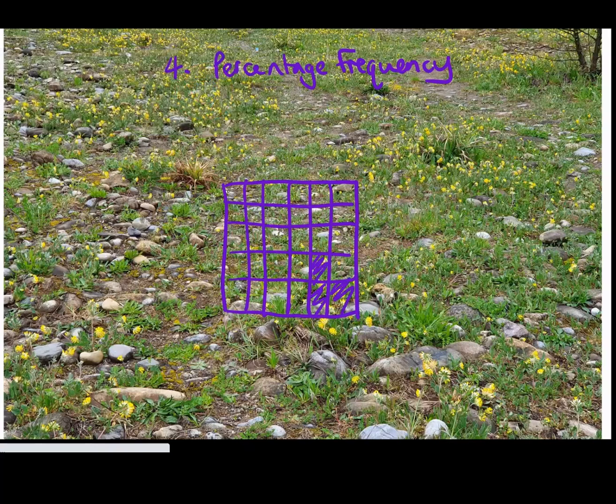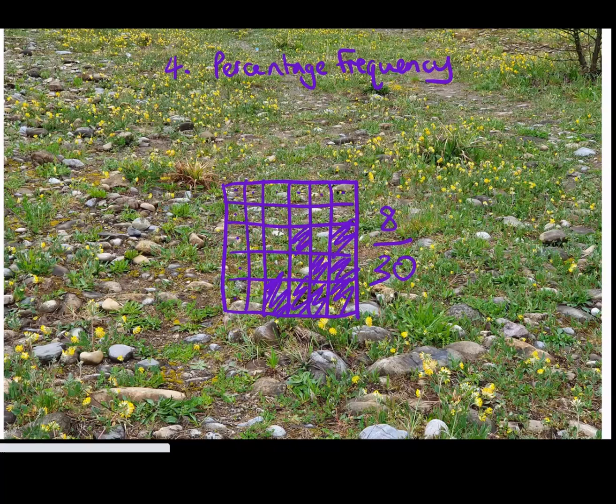measure the frequency. And you see I've used a much bigger grid here. So what we've got here is 1, 2, 3, 4, 5, 6, 7, 8 out of 1, 2, 3, 4, 5, 6 ... 30 squares.